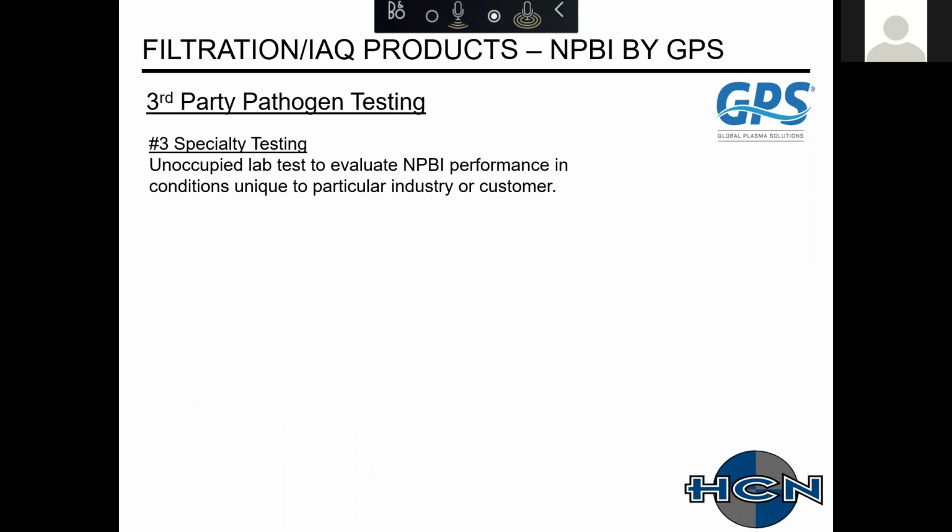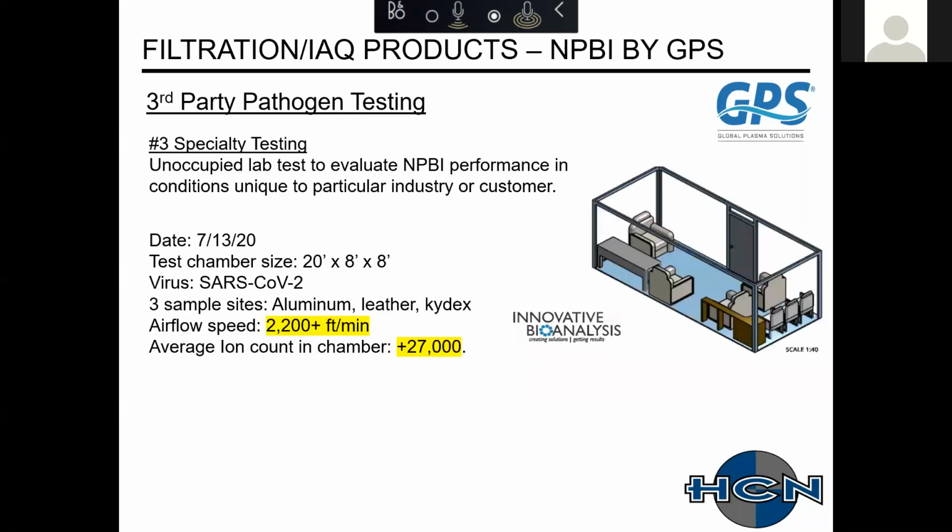Another interesting test they've done, which they call a specialty test, uses an unoccupied lab for conditions unique to a particular customer. On the right, it shows a chamber similar to a small private airplane cabin. Last summer they put the SARS-CoV-2 virus in 3 different sample locations. They had airflow of 2,200 feet per minute and an average ion count in the chamber of 27,000.